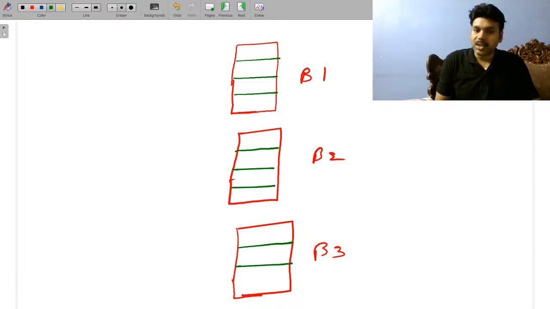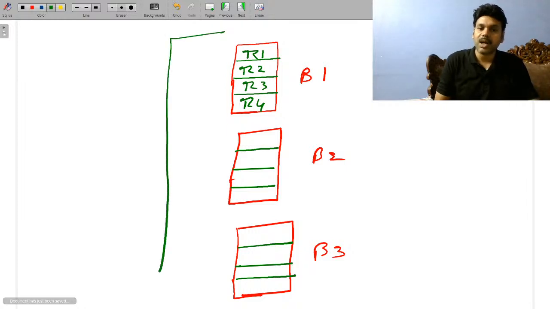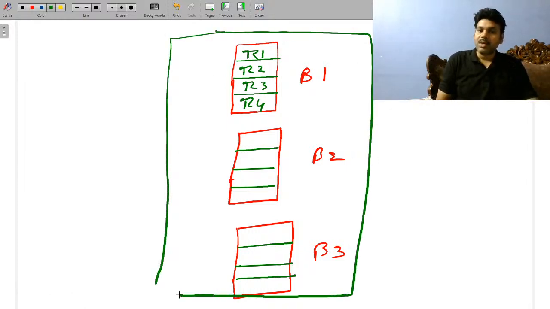Now I am saying that your block is divided like this and it is going to store your data as record 1, record 2, record 3, record 4, and so on. Whenever a user tries to retrieve some data, this is completely in your hard drive, your secondary storage device. Your secondary storage device has three blocks.